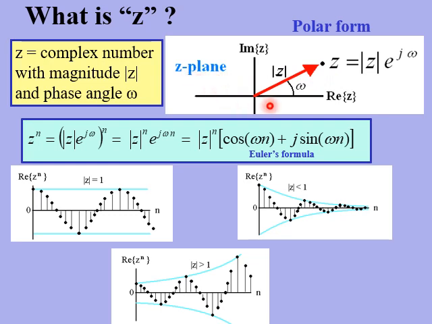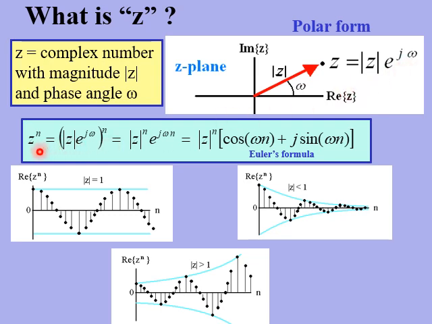So the z-plane has a horizontal axis, which gives us the real part of z, and a vertical axis, which gives us the imaginary part of z. So z can be thought of as a vector in this z-plane. The length of the vector, or its magnitude, is absolute value of z, and the angle, or phase angle of z, is given by omega. So we have z is equal to absolute value of z, which is the magnitude, times e to the j omega, which contains the phase of z.